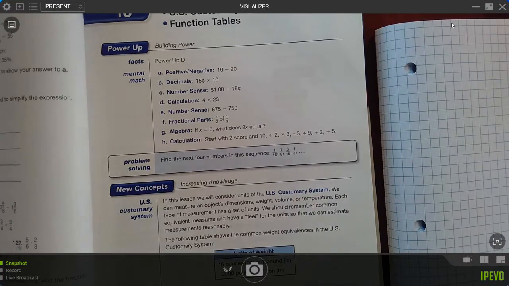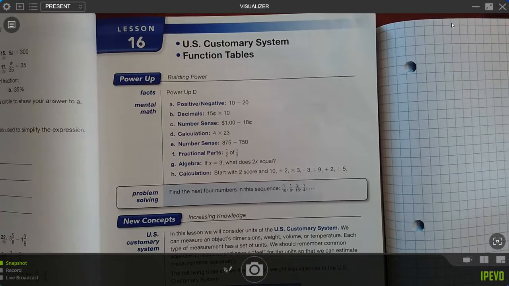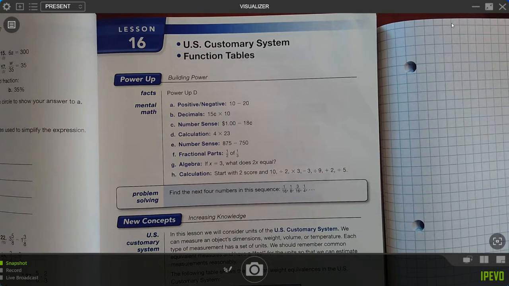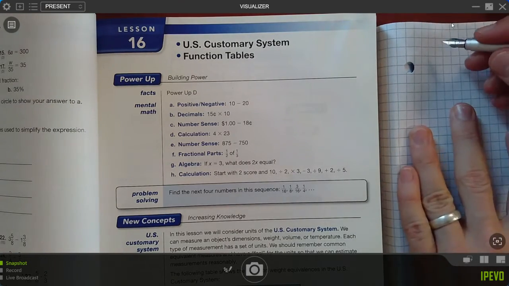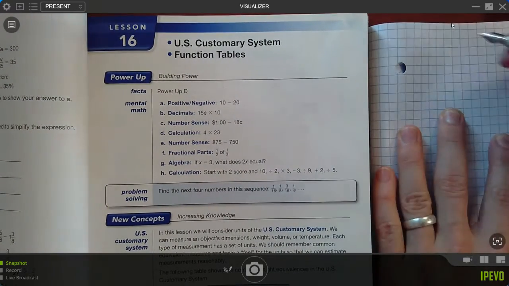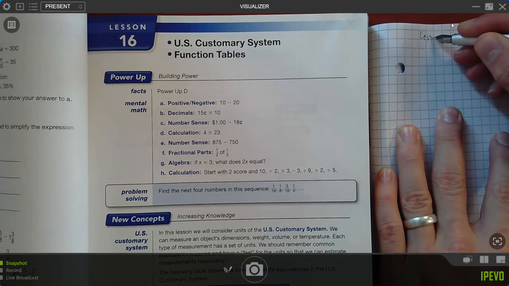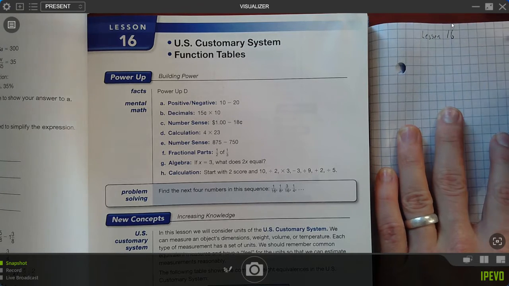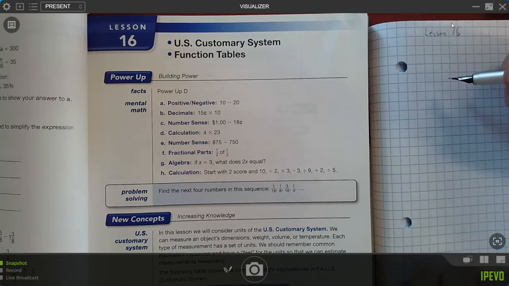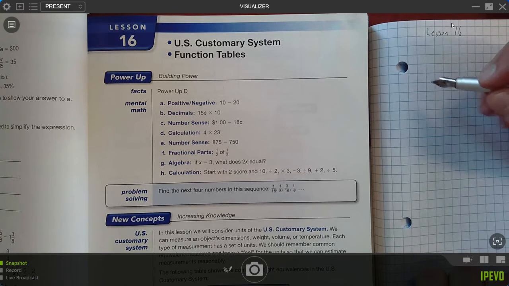So, Lesson 16, U.S. Customary System, and Function Tables. I actually have a pretty interesting little thing to read about this as well, which we are going to be talking about probably in class when I get back.